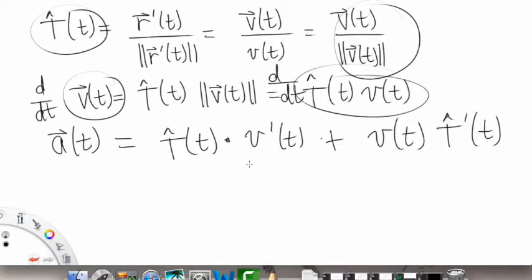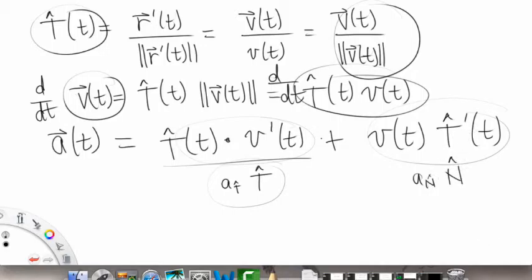Now that we have this, what we want to do is mirror the decomposition of the acceleration vector. So we want this term here to be some a sub T times T hat, and we want this one to match up with an a sub N times N hat.